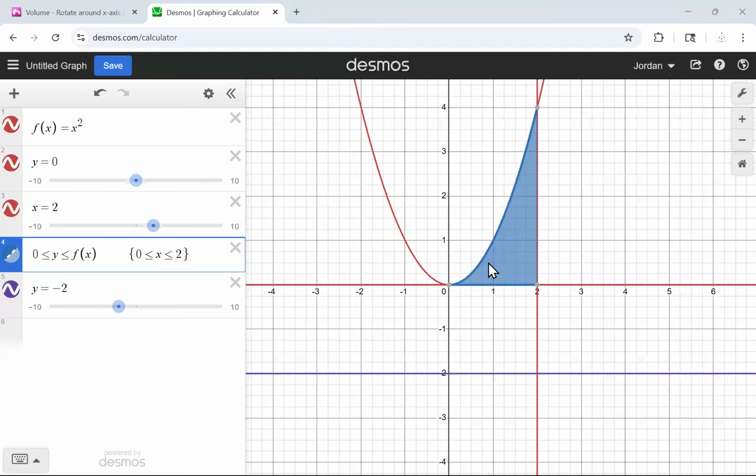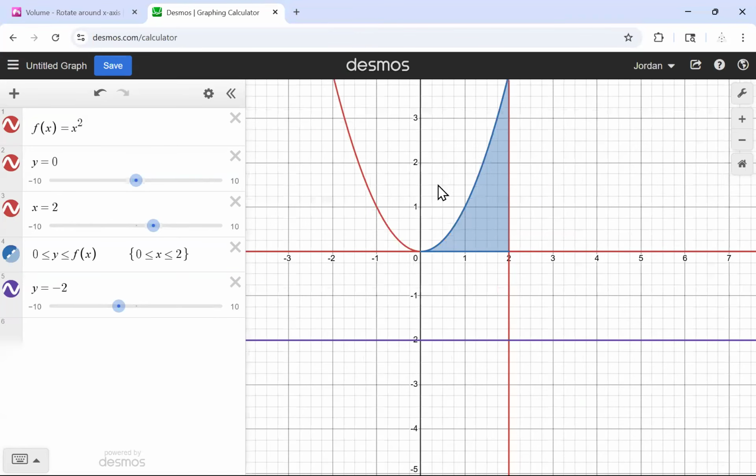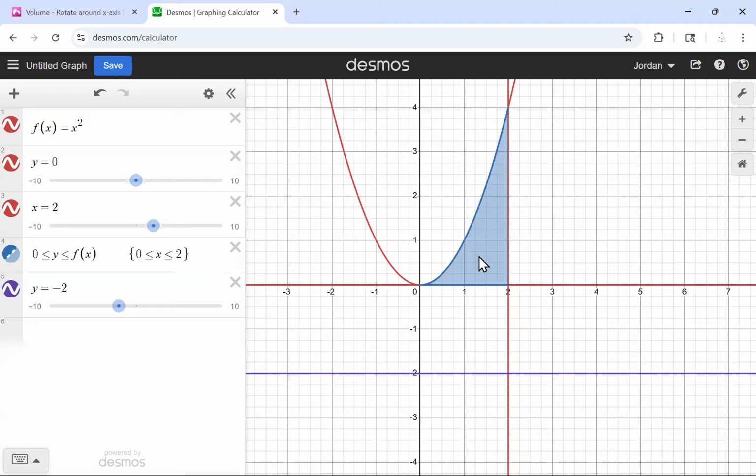So if I drew this in 2 dimensions, this is how I usually sketch it. Then there's my region. Now, as I said, we're going to think of this as doing a disk method where I go from the curve all the way down to the line I'm rotating around. That'll be my first radius. My second radius is going to go from the lower curve down to the line I'm rotating it around.